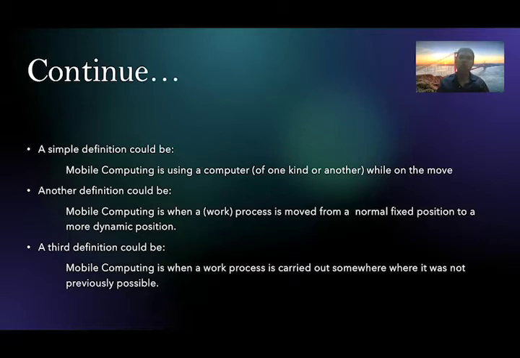So that one also we can define as mobile computing. And mobile computing you can also define as a work process that is carried out from somewhere to another. So we have three basic definitions of mobile computing.